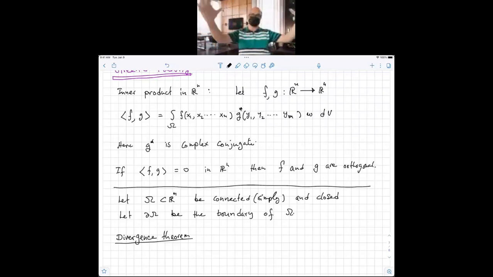You take a domain omega, and the field will be diverging from the domain. You look at the boundary: how much is going out of the boundary?